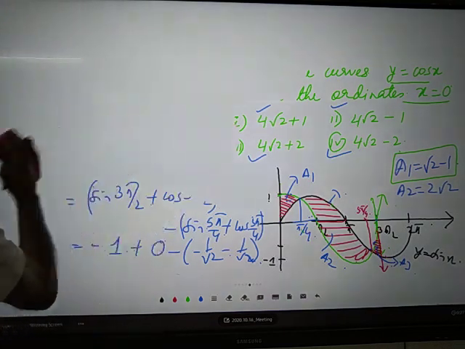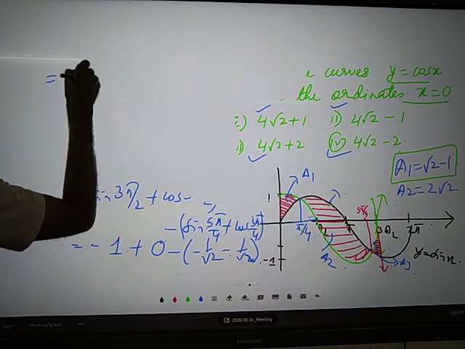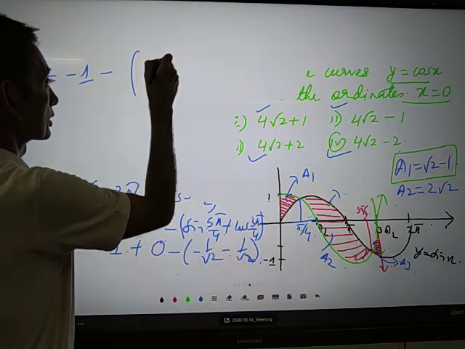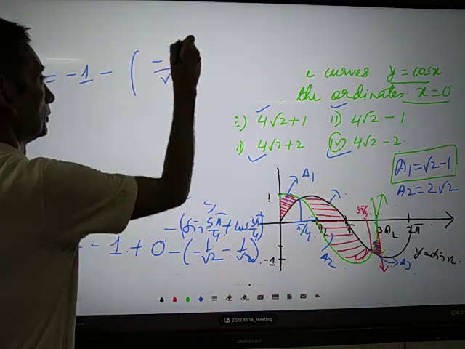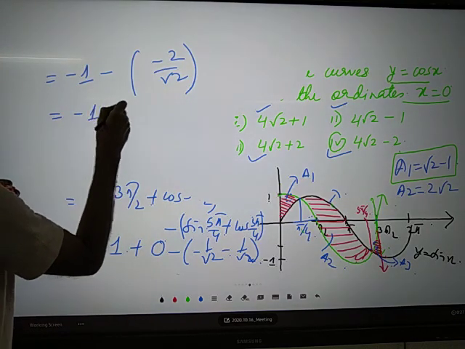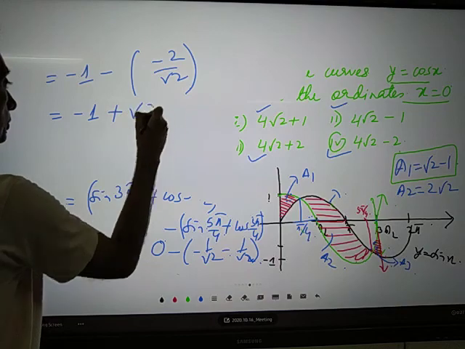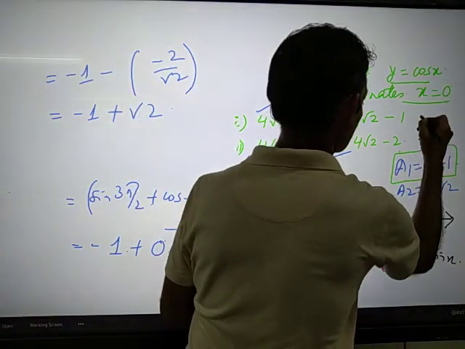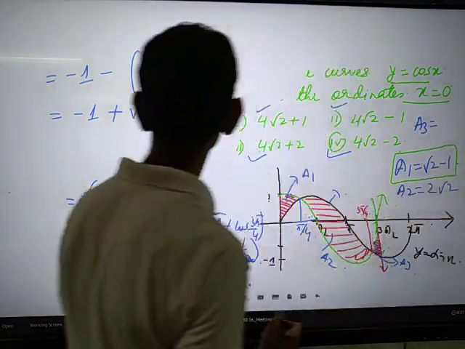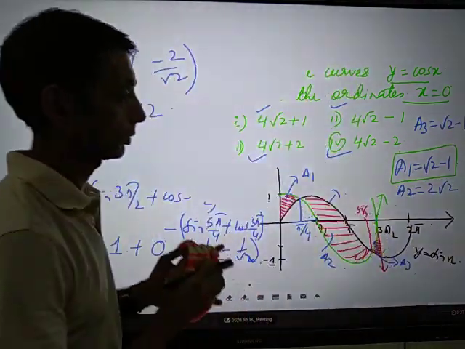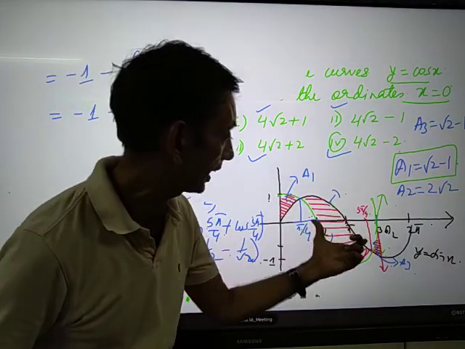So if you simplify this, it's minus 1, and this will be minus, that is minus 2 by root 2. So it's minus 1 plus, if you cancel 2 by root 2, it's root 2. So you got minus 1 plus root 2. So finally, A3 is equal to root 2 minus 1. Yes.